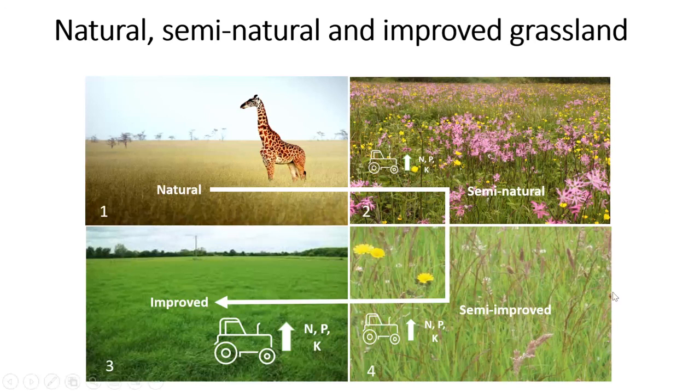We then move to semi-improved grasslands. There you can see the tractor and the NPK have gone up in size, just to indicate more management, more inputs. They may still hold on to some species, but not at the cover that they would have been in that semi-natural grassland. And finally, we end up with the improved grasslands. The improved grasslands will be lacking those indicators that you have in the acre scoring system.